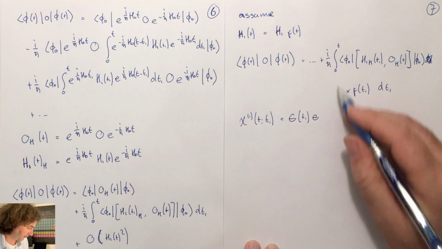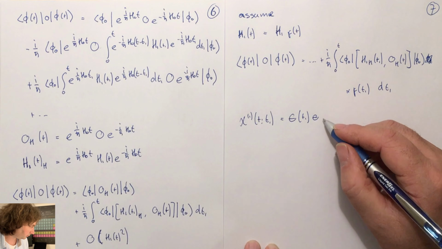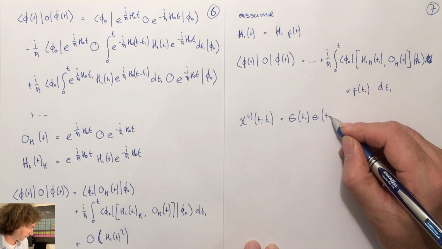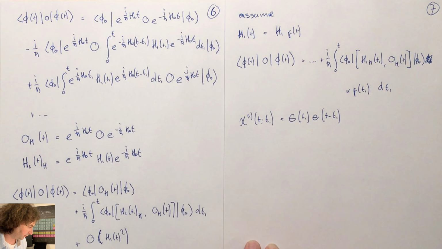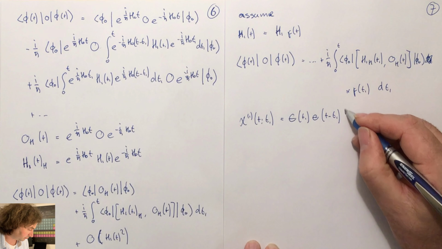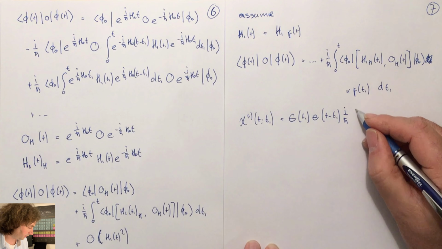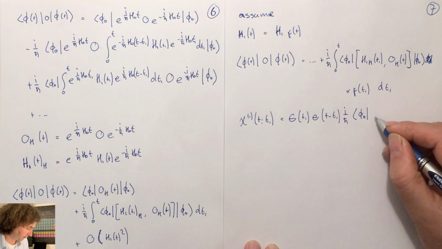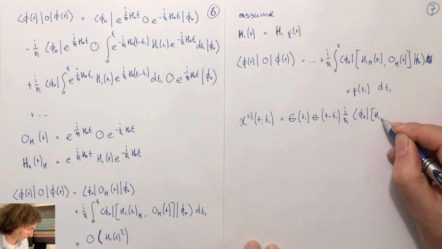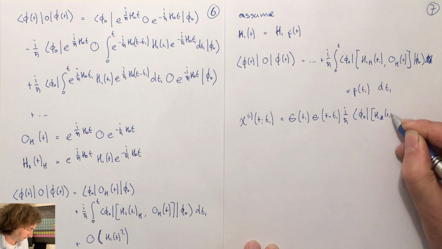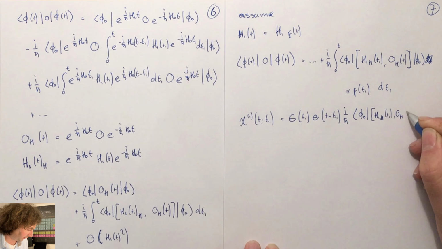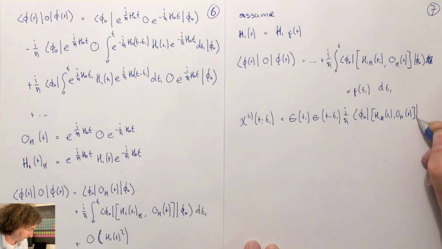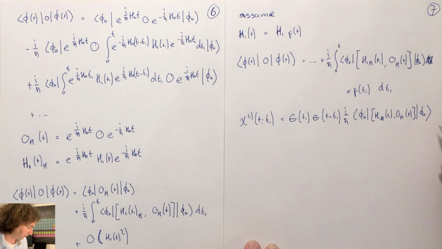So we have theta t1, theta t minus t1, i over h bar, psi 0, h1H t1, OH t, psi 0.